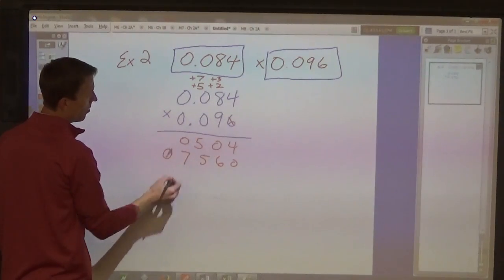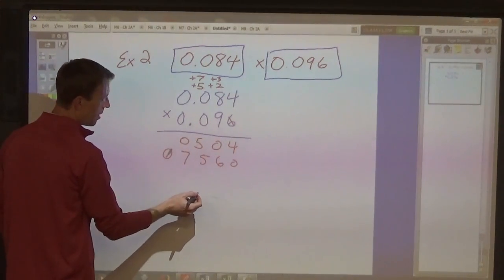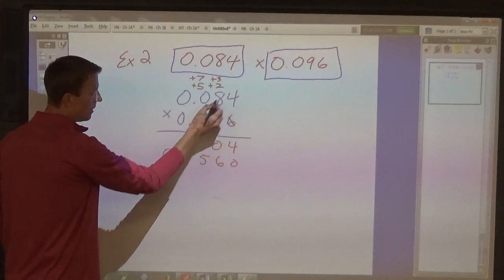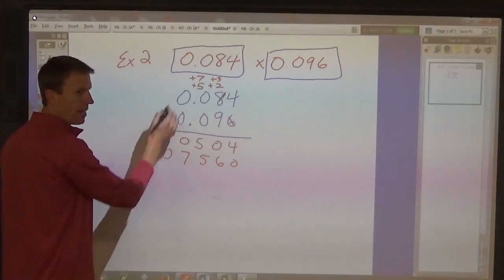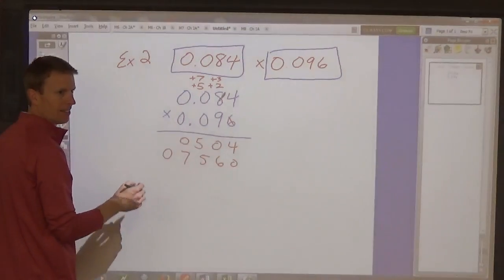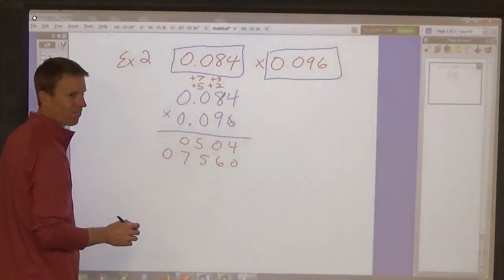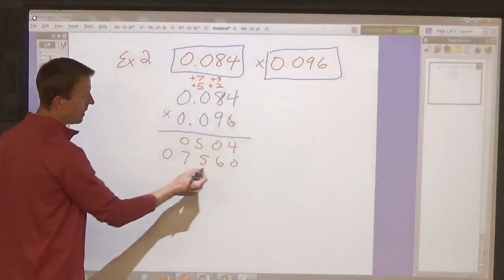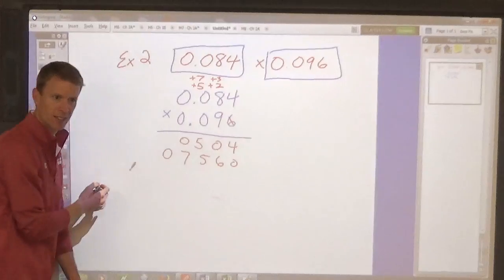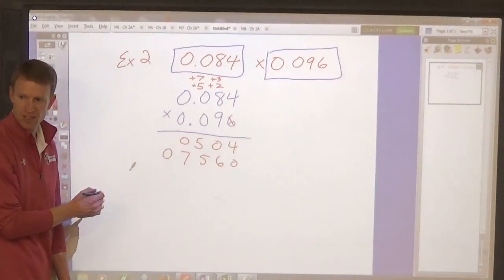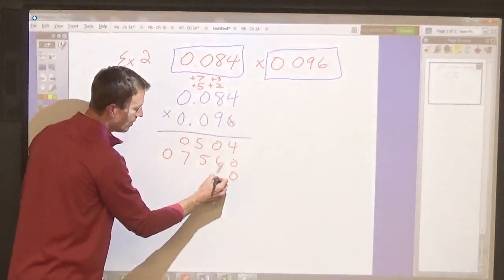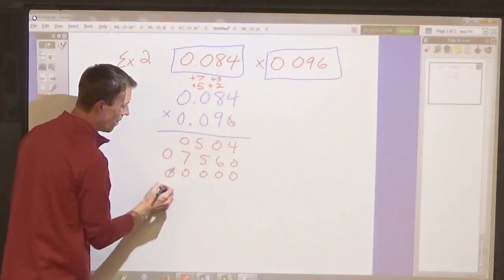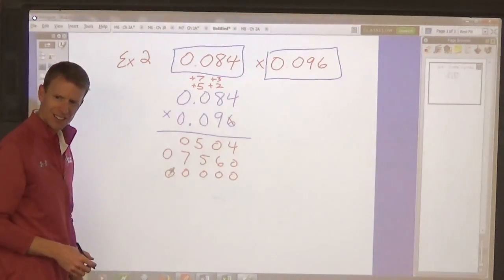And 9 times 0. Then, do I need to go 0 times 4, 0 times 8, 0 times... No. Nope, because these are all just going to be zeros, right? So do I have to write 0, 0, 0, 0, 0, and then add the zeros?